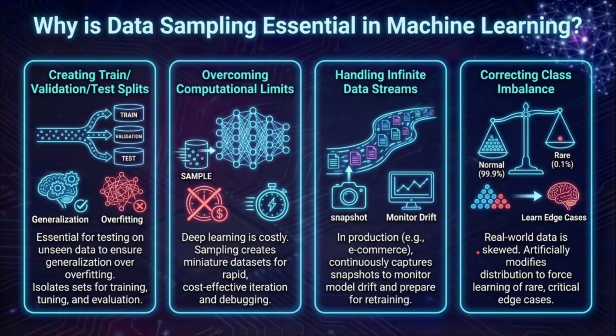So why is data sampling essential in machine learning? For creating training, validation and test sets, like we did in our example. Overcoming computational limits: because deep learning is very costly, we can sample a small amount of the original large data set, and effectively train, iterate and debug the ML model.